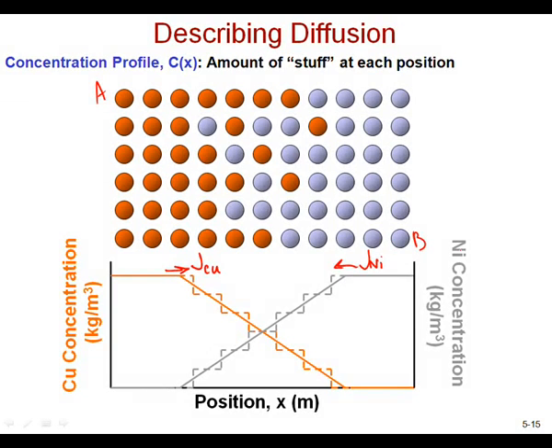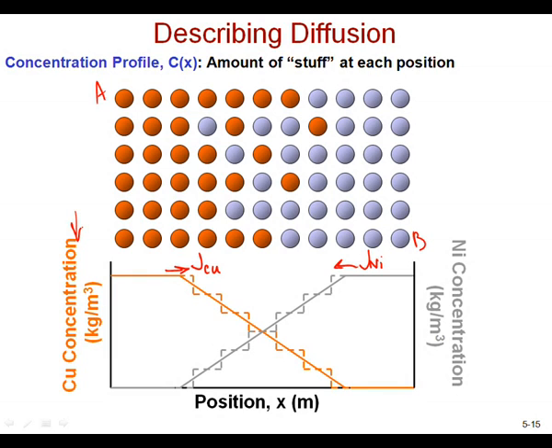Sometimes we'll have just the concentration gradient of one shown, like just the orange line, not the gray line as well. Either way works, but the flux is always going to go downhill. So if we're looking at the copper concentration, the flux of copper is going to go down the concentration gradient for copper.